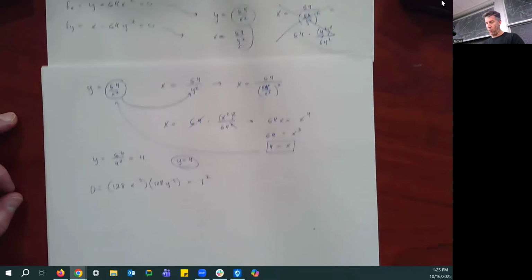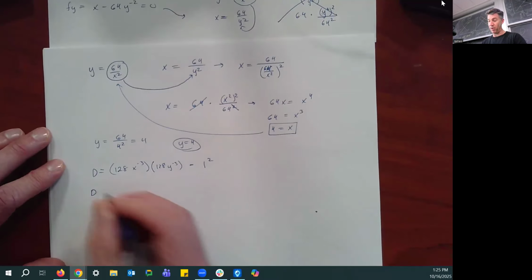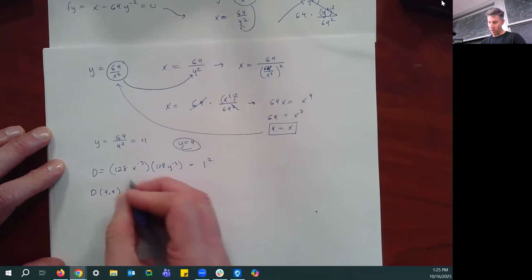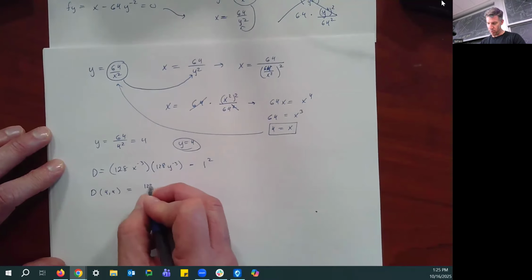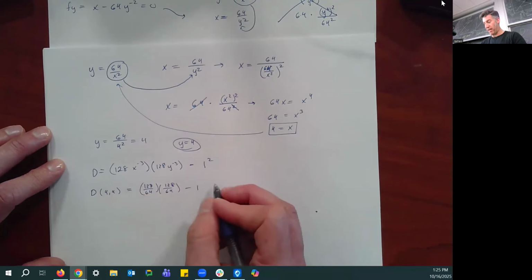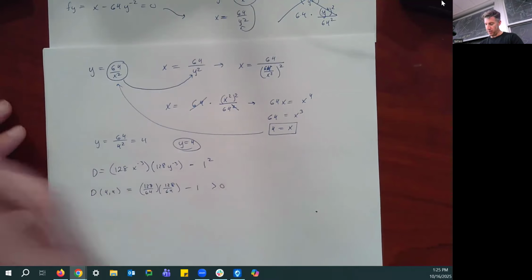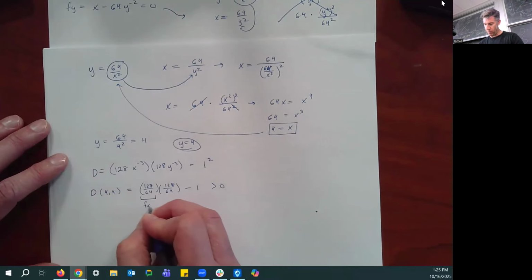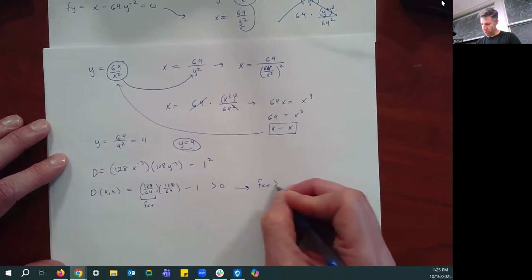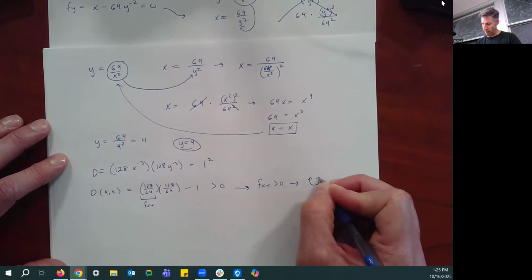If I plug in 4 comma 4, I get 128 over 64 times 128 over 64 minus 1, and that's positive. Since my fxx is also positive, I know I have something that is concave up, which means I have a minimum.